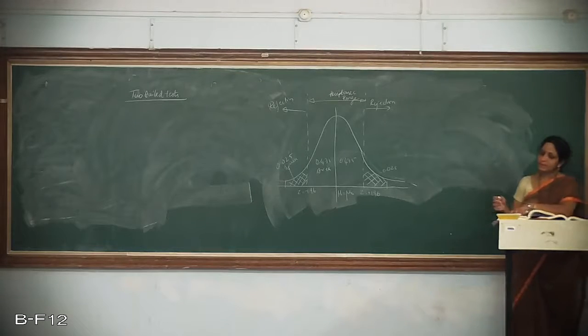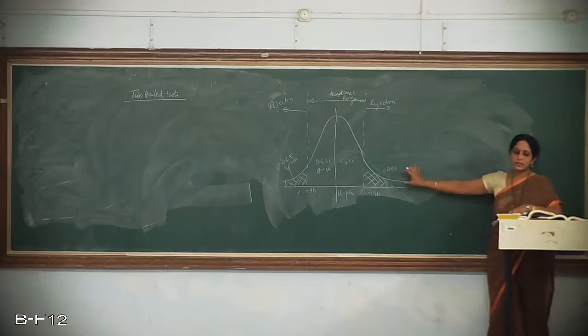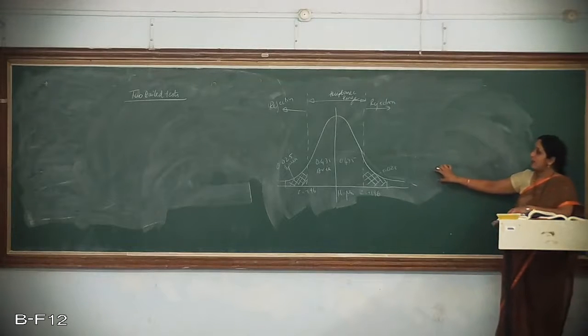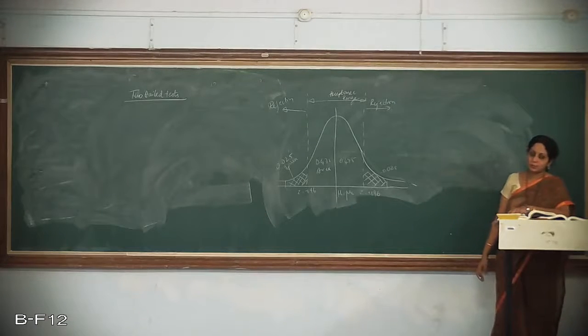The test is named after the tail of the data, because this tail is far to the left or right of the bell-shaped normal distribution curve. That is why we call it a two-tailed test.